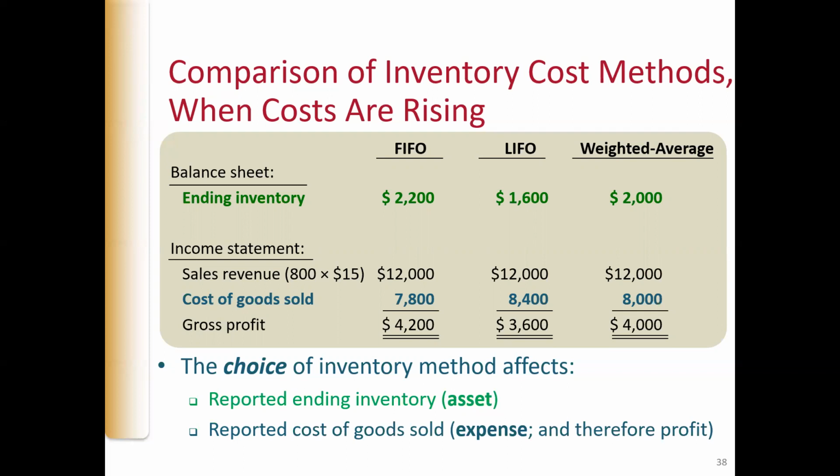If we use LIFO, we're going to have a smaller amount of assets in ending inventory, but lower net income. And the weighted average will always be a combination of the two. So LIFO versus FIFO can make a difference on your assets and can make a difference on net income, depending which method you use.